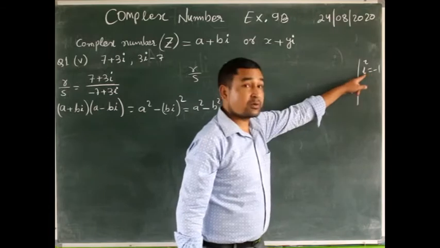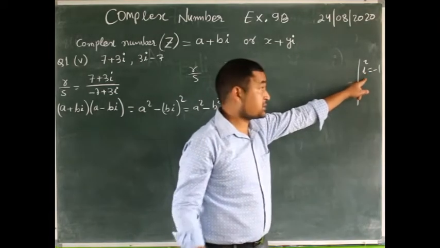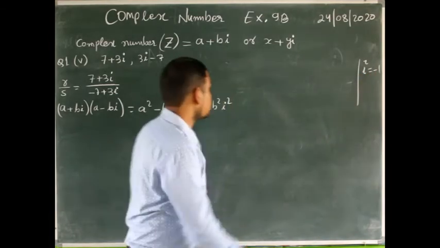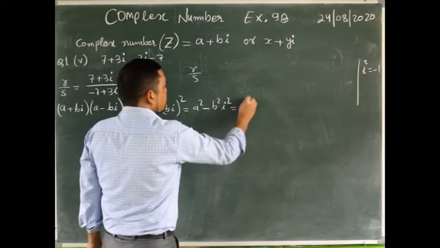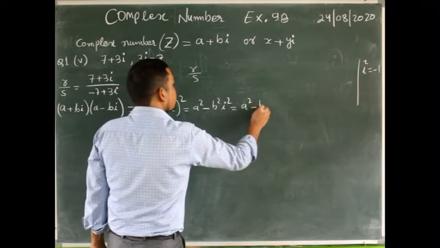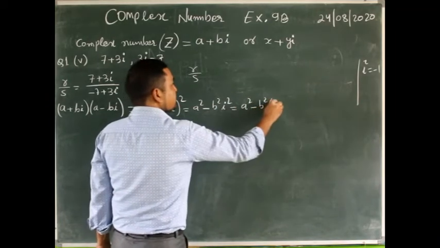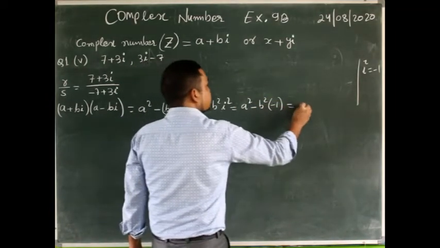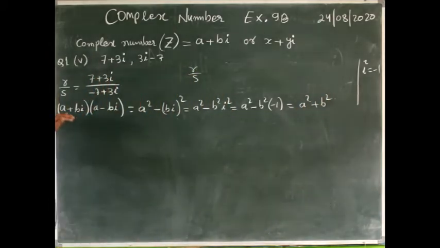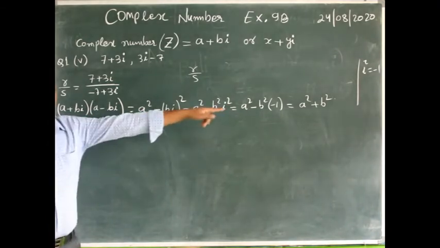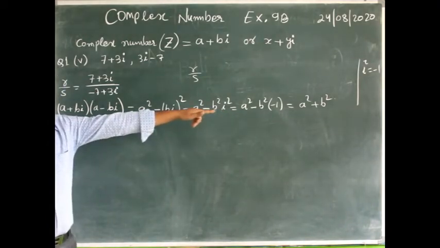Remember, this is a property of imaginary numbers or complex numbers: i square means minus 1. Now replace this i square by minus 1. So a square minus b square times minus 1 is a square plus b square. Remember, in complex numbers, a plus bi times a minus bi equals a square plus b square. This is a formula.